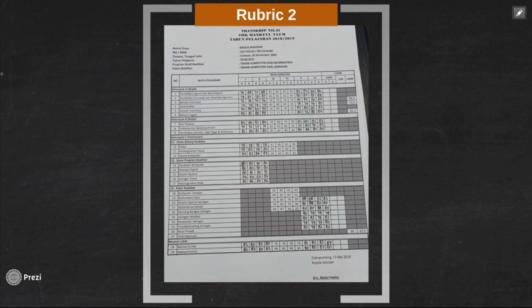But I think other schools have a different format or content of the transcript score, and at the end, at the bottom of the sheet, there is a signature from the headmaster.